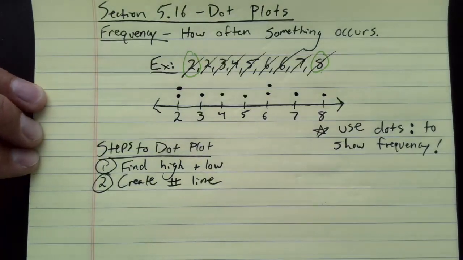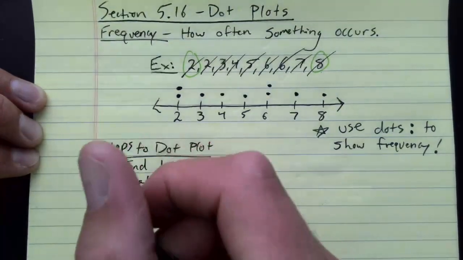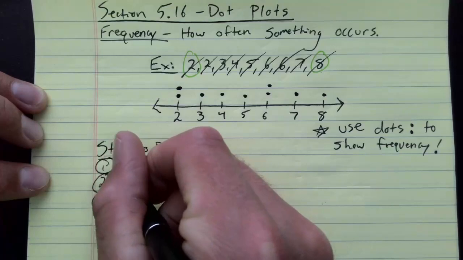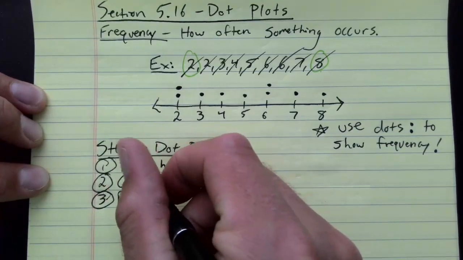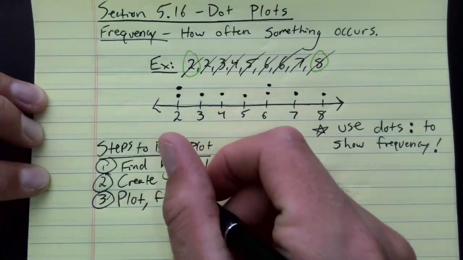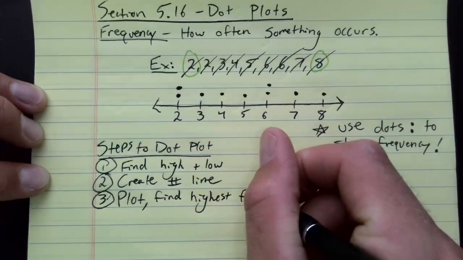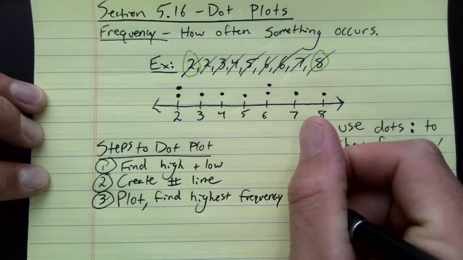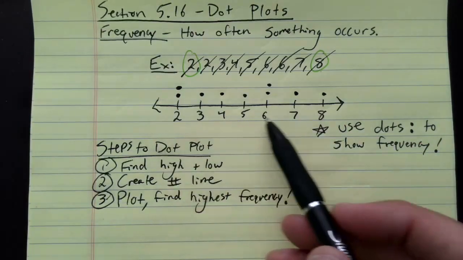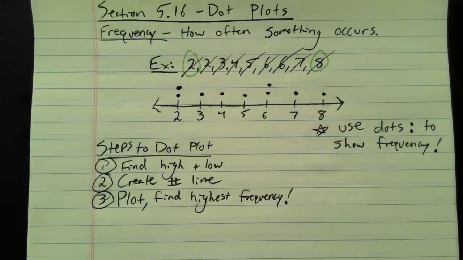Step 3 is to plot and find the highest frequency, which is finding which number occurs the most. So plot, just like what we did here, and then find your highest frequency, which number occurs the most.